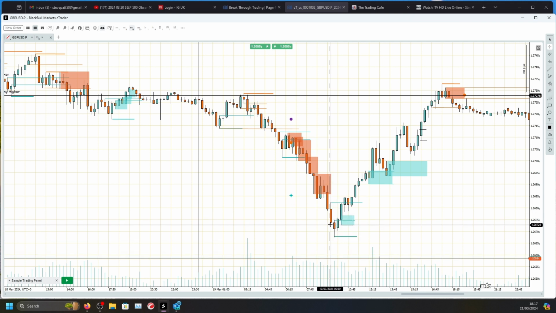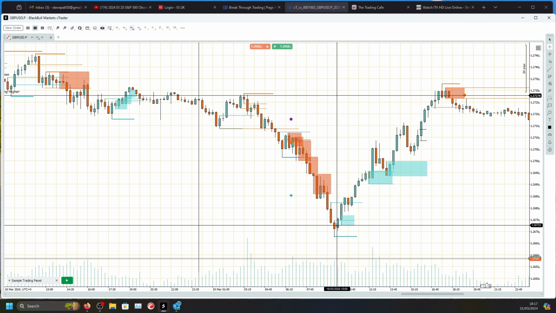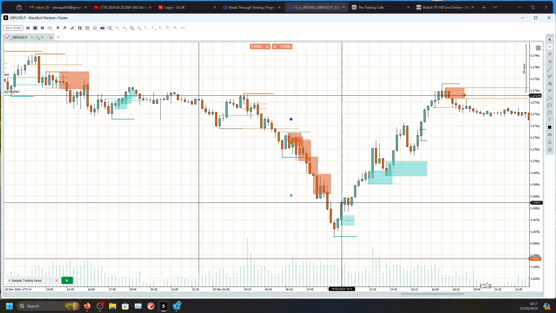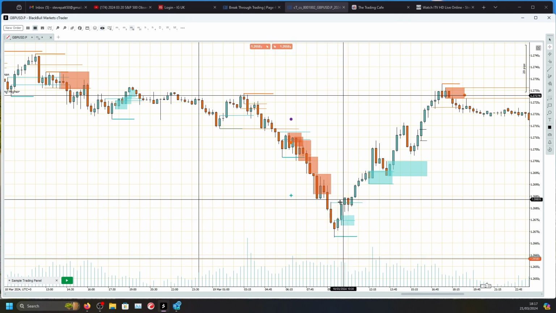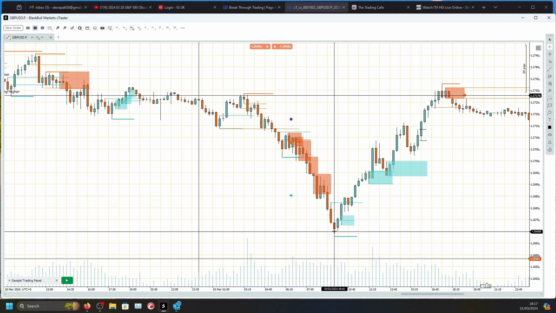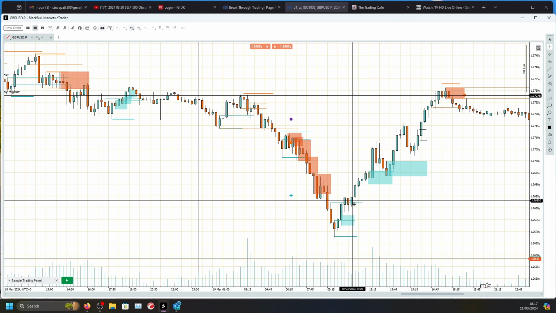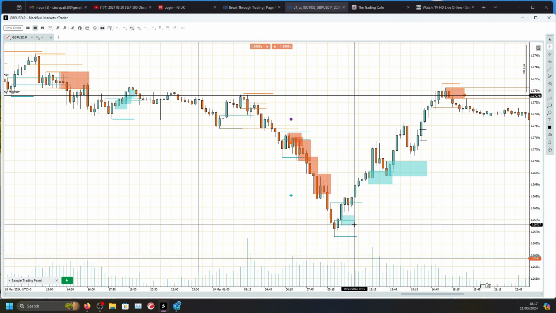I wouldn't be looking to go long off of just that break of that one candle. Then price comes up and stops just short of this. This is the candle that breaks, that now has got us going through these two candles. But I don't know if I would have gone long there, because I'd want to see price coming back further.